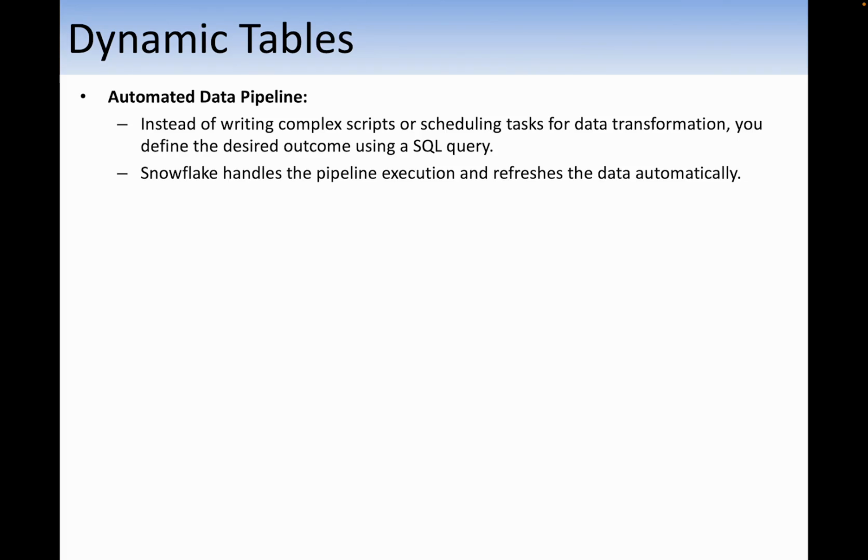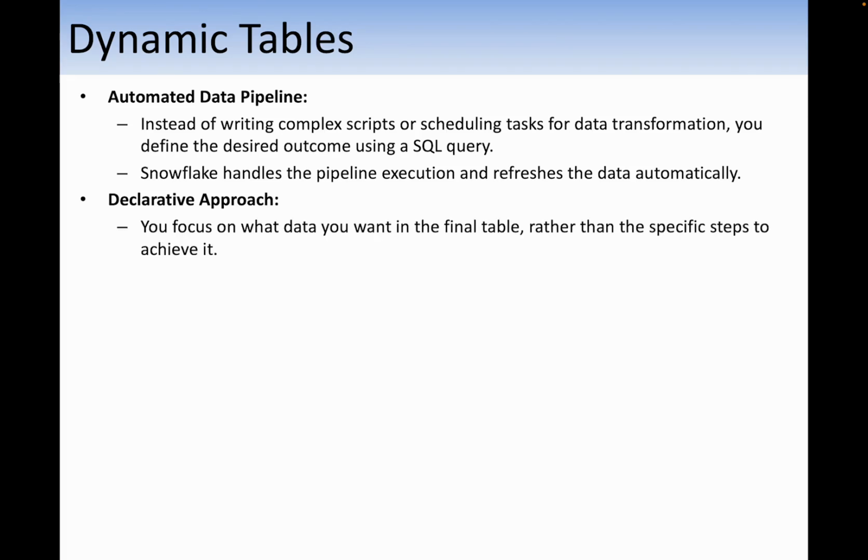You want to run it by minute or hour, whichever way you want. You don't have to build a task and stream, all that stuff. It's a declarative approach, right? You just define the table format, and then just create it. So you don't have to do the complex steps.